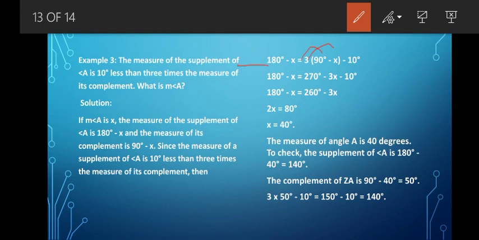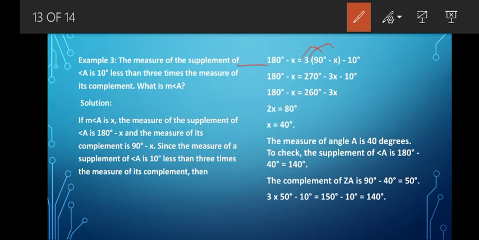Add the like terms. So, copy 180 degrees minus X equals 260. Paano naging 260? Since 270 and 10 degrees are like terms, we can add or subtract them. 270 minus 10 is equal to 260 degrees.